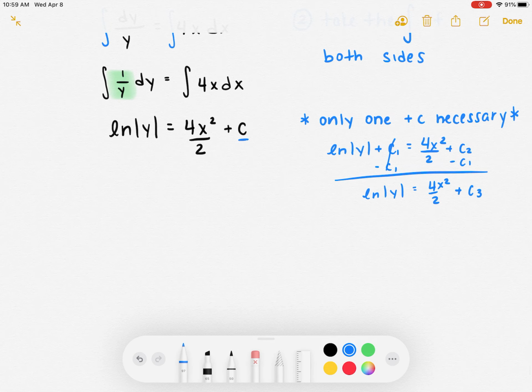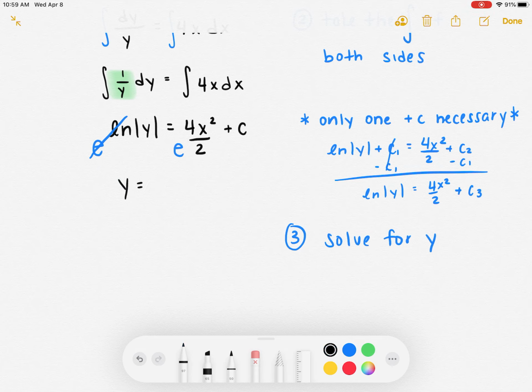The last step I'm going to take, step 3, will be solve for y, because that'll give me my general solution. So I go back up to my equation and I look at it and I say, okay, how do I get rid of an ln? And I know I get rid of an ln by raising both sides to the e. So now that I've canceled out that ln, I can also get rid of the absolute value symbols because it doesn't matter anymore.